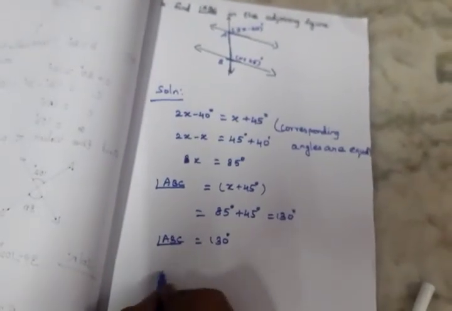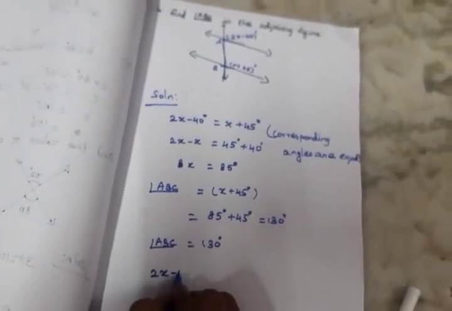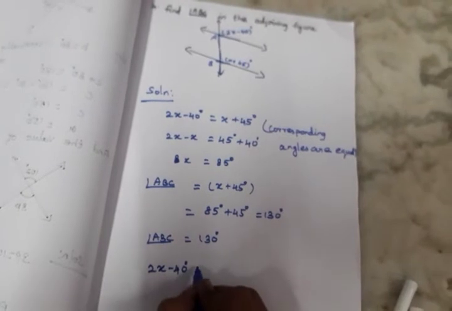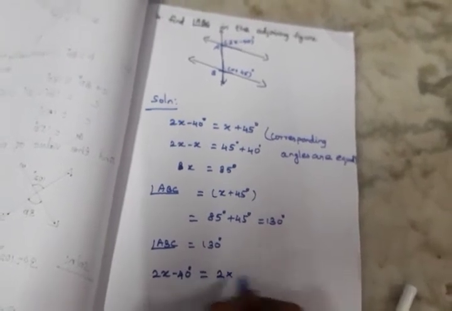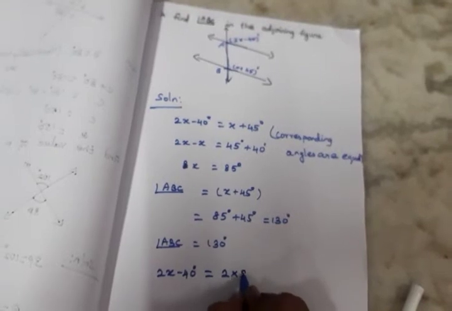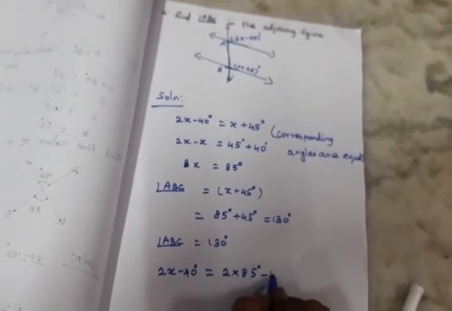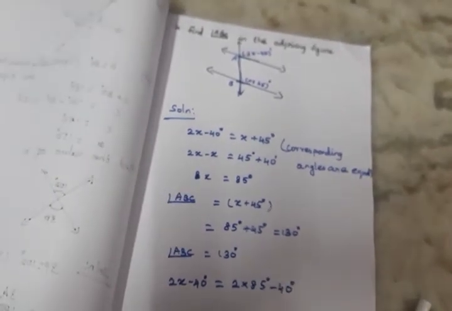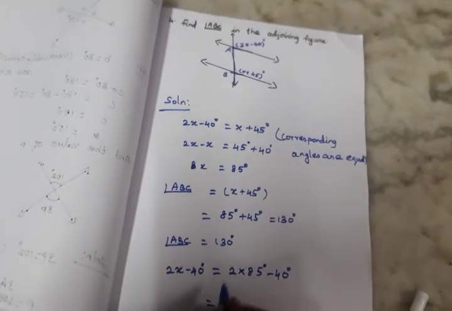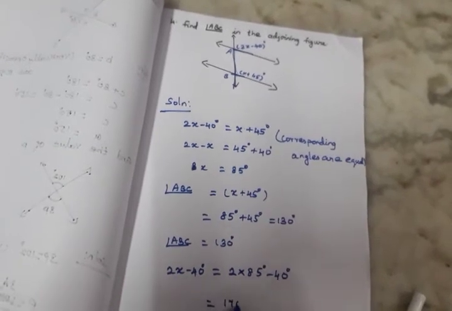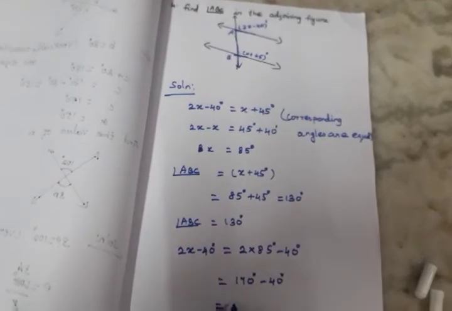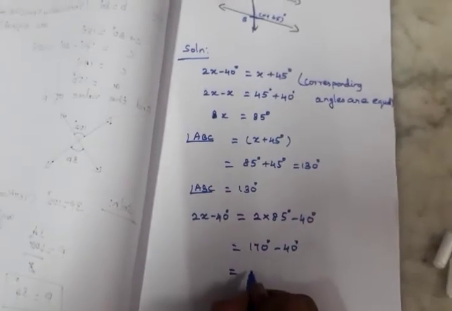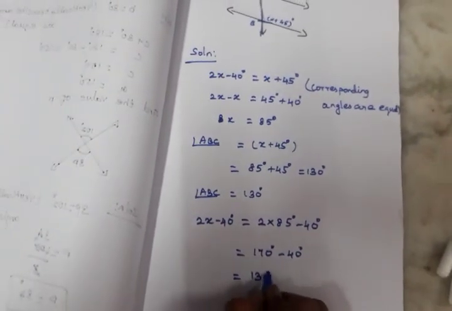2x minus 40 degrees equals 2 into the x value, 85 degrees, minus 40 degrees. So 170 degrees minus 40 degrees, we get 130 degrees.